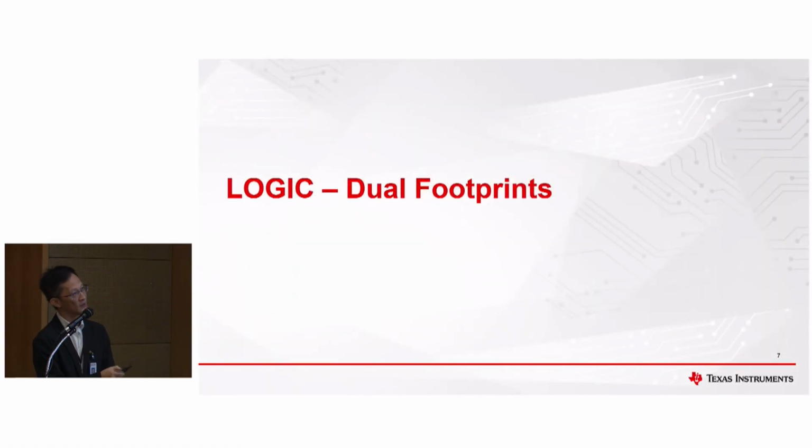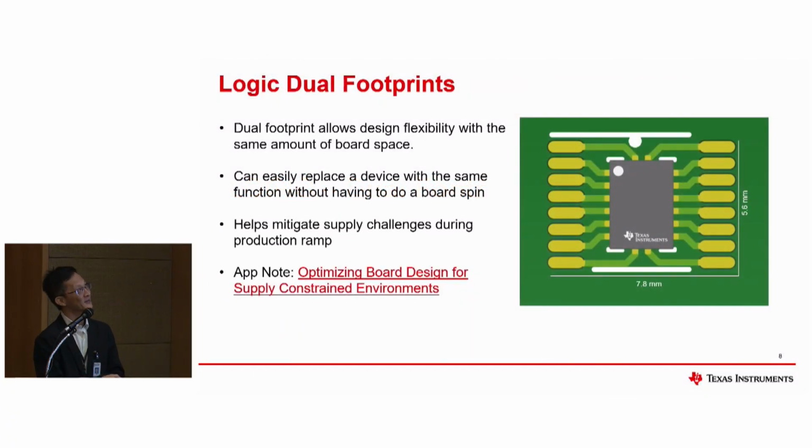So now I'll give you some insight into what we call, even in logic, dual footprint. You guys heard about dual source. In TI logic, we have a dual footprint. So what does it mean? It's essentially a single PCB with a dual footprint on top, so that you can swap devices from, let's say, a TSSOP to SOT without changing the PCB.